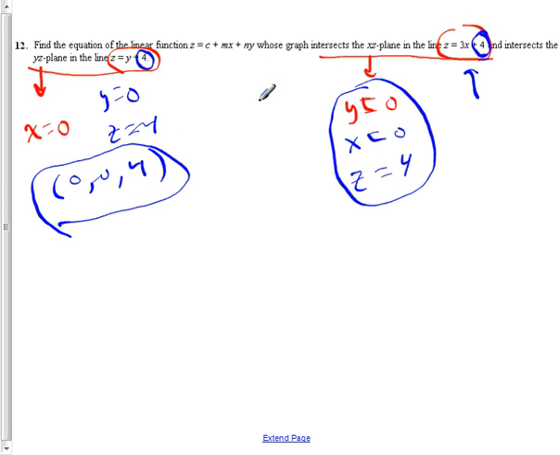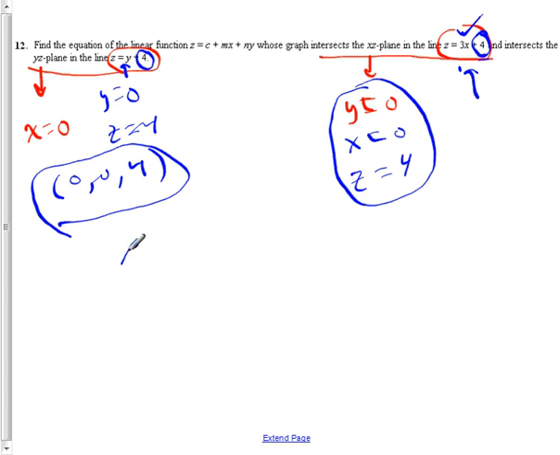And in a linear function, the slope is constant everywhere. So if my change in z with respect to x was 3 here, it's always going to be 3. And if my change in z with respect to y is 1 there, it will always be that way.